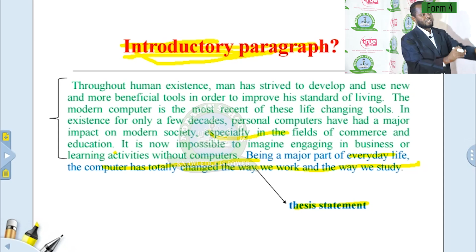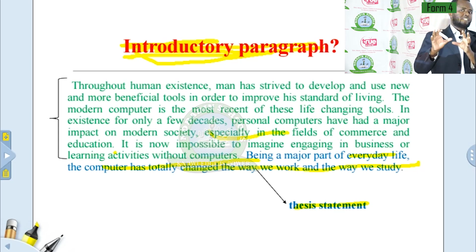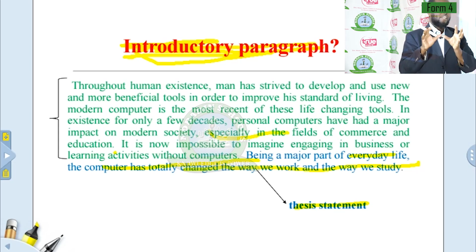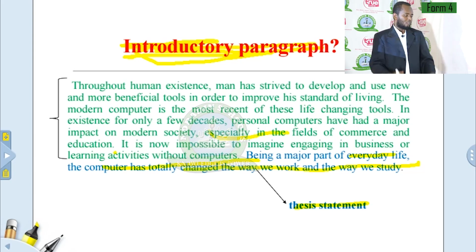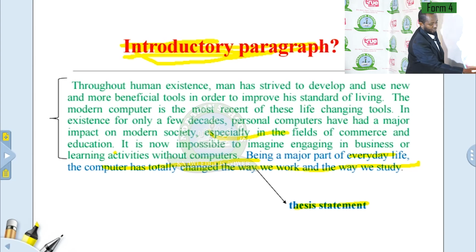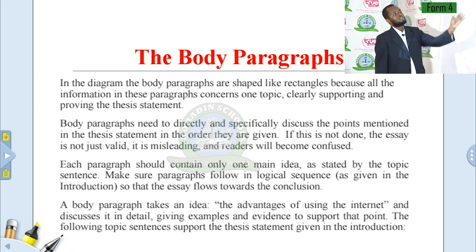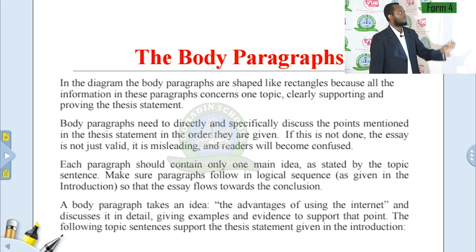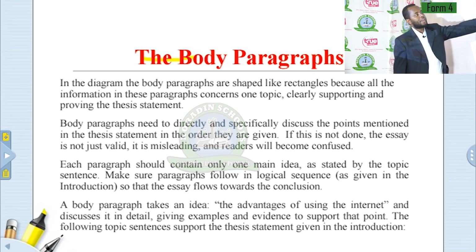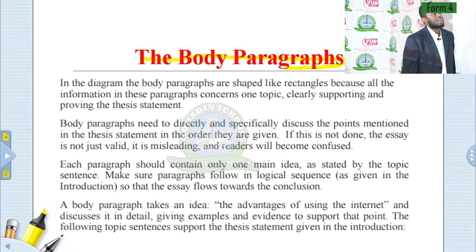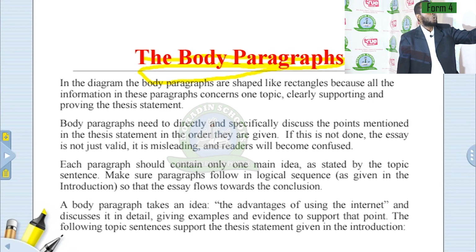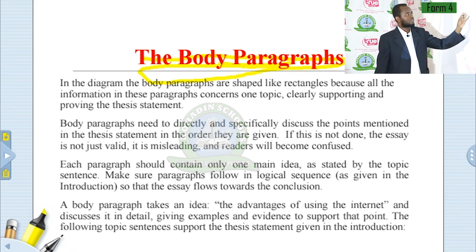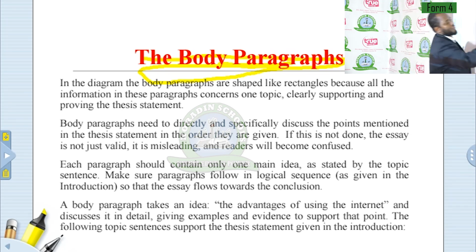So what is the thesis statement? A thesis statement is a sentence that tells us what the essay is about, or it presents the main idea of the essay. So this is the body paragraph. What is a body paragraph? In the diagram, the body paragraphs are shaped like rectangles because all the information in this paragraph concerns one topic, clearly supporting and proving the thesis statement.